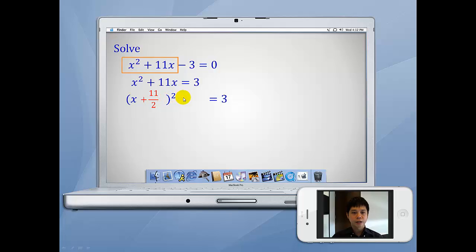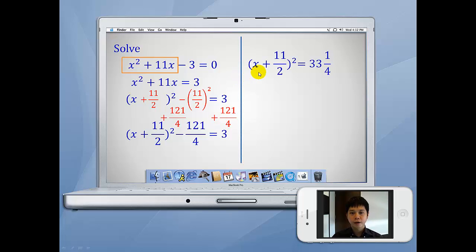Subtract the square of the number there, so we will subtract 11 over 2 squared, and the right hand side remains unchanged. Simplifying, we have x plus 11 over 2 squared minus 121 over 4 equals 3. We will now move the 121 over 4 to the other side, and we have x plus 11 over 2 squared equals 33 and 1/4.